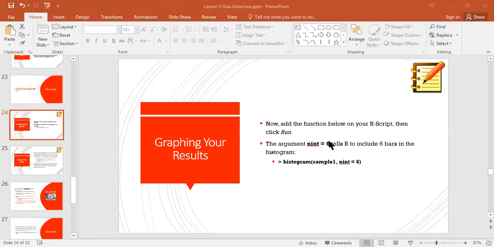And so this way, because we have numbers 1 through 6, it'll do 1 bar per number, okay? So we're going to put nint equals 6 at the end of our histogram argument so that it gives us 6 bars.